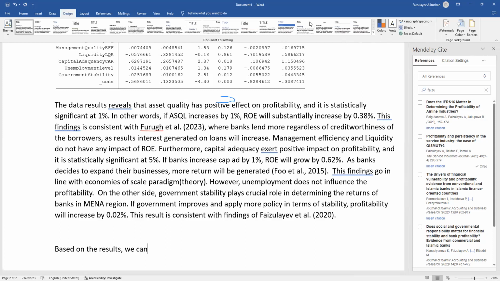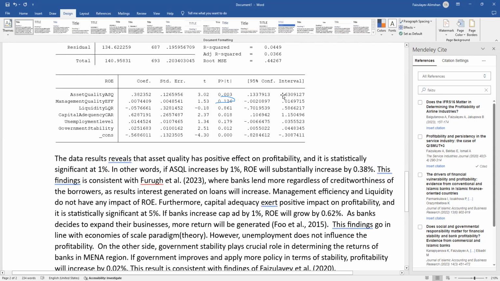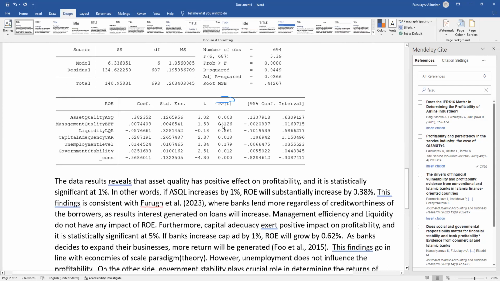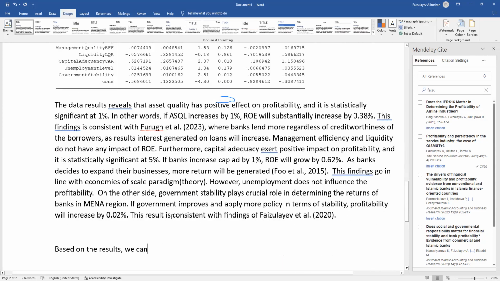Profitability R squared. In this paragraph, we should write an interpretation of our result for number of observations. Yeah? No, we don't write about the number of observations. We are writing about the R square. We are going to write about the probability of F statistics. Separate paragraph.